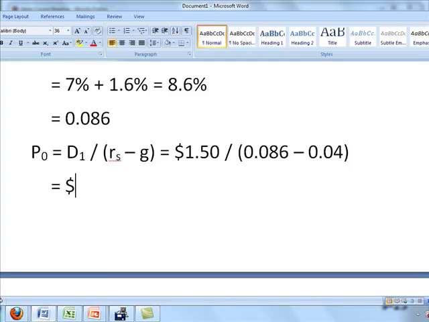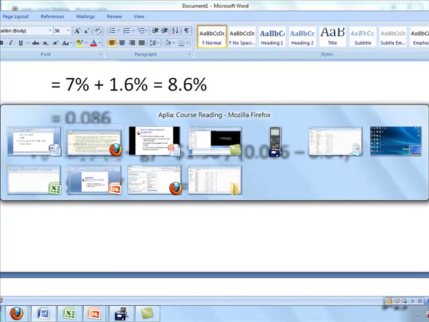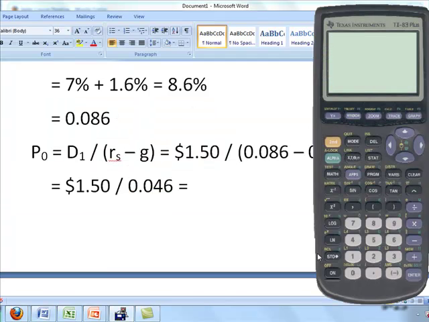Okay, so we have $1.50 divided by, if we take that difference and simplify this part, 0.046. Getting my calculator, $1.50 divided by 0.046 gives me $32.61.